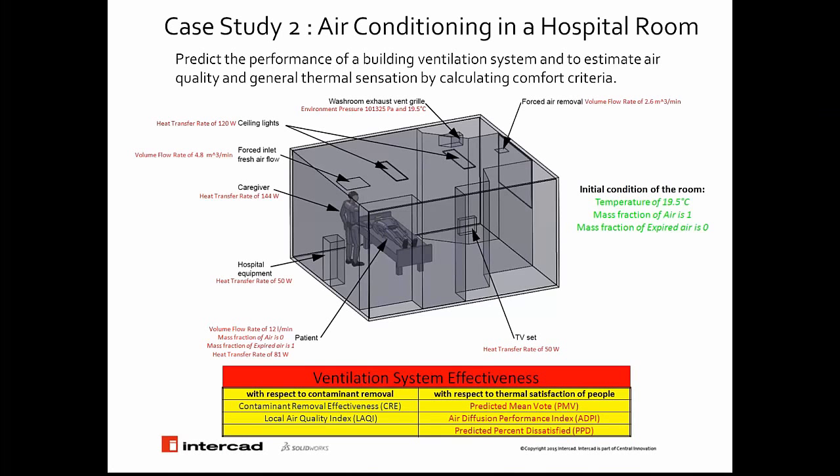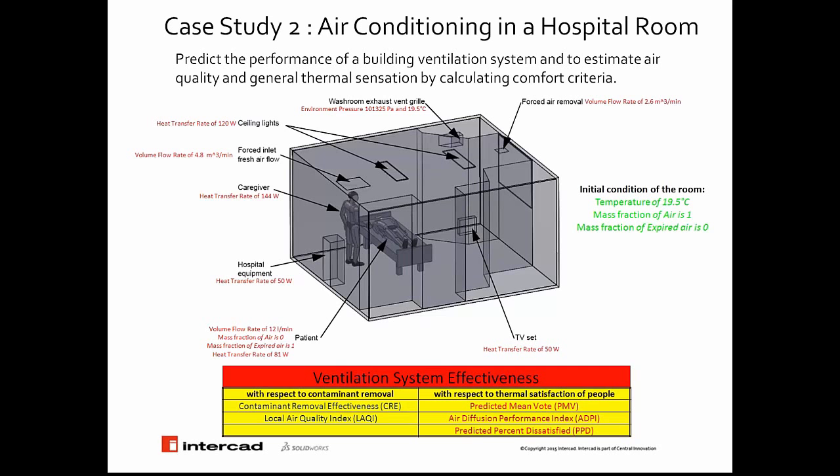We're talking about air conditioning in a hospital room. So the purpose of this study is to predict the performance of a building ventilation system and to estimate air quality and general thermal sensation by calculating the comfort criteria. Okay, here we are. We consider a hospital isolation room and estimate the ventilation system effectiveness with respect to contaminant removal and thermal satisfaction of the people in the room.